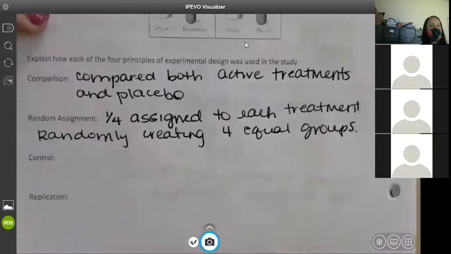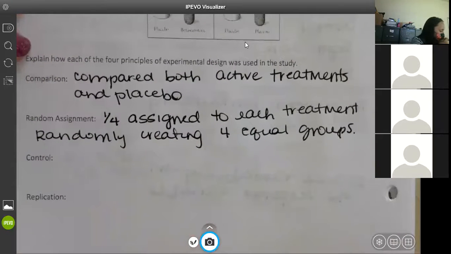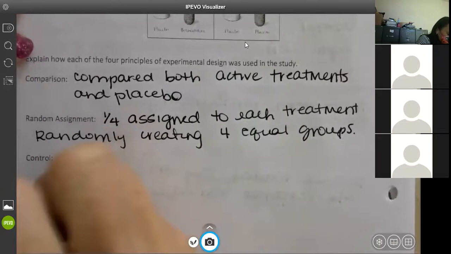What did they control? Sometimes this is weird. There's a couple that you probably won't get. What did they control? What did they do consistently? Same dosage schedule.